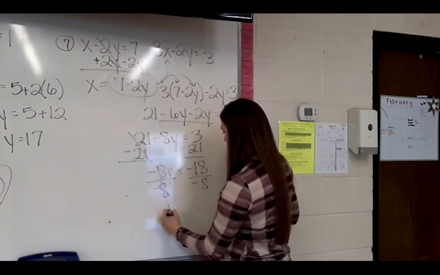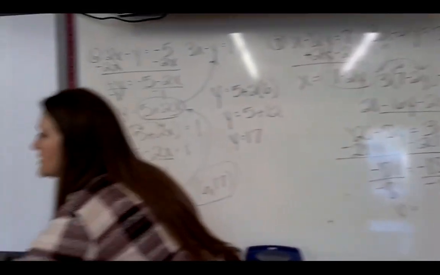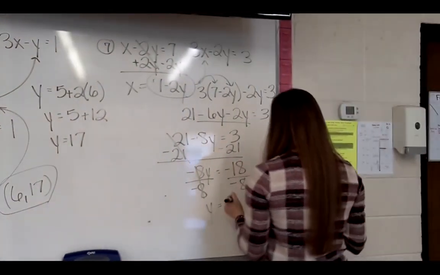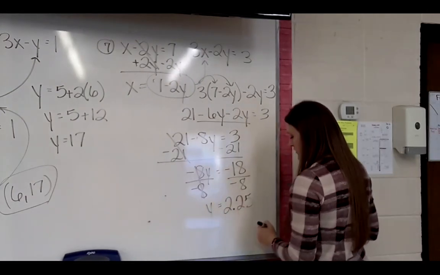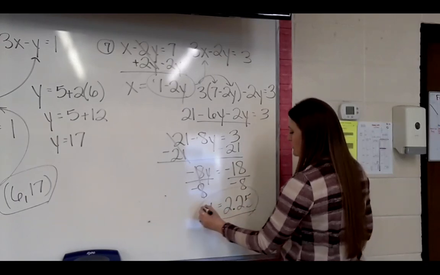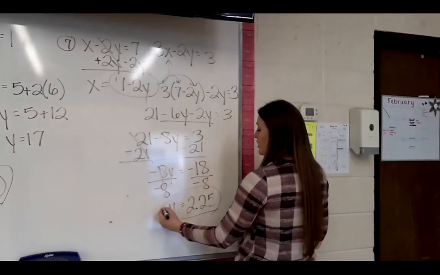I'm wondering if I wrote it down wrong. Let's see. Negative divided by negative is positive. 18 divided by 8 is 2.25, or 2 1/4. So I guess we'll leave it like that. If I messed up, I'm sure y'all will figure it out, but I don't think that I did. If I messed up, I bet I just wrote the problems down wrong.